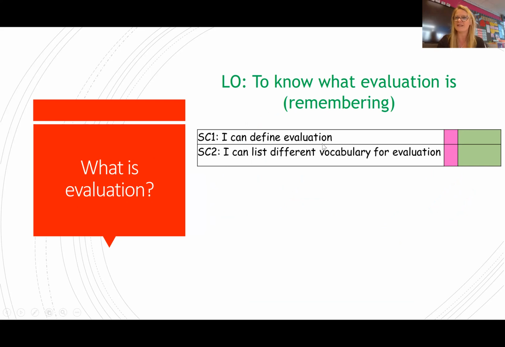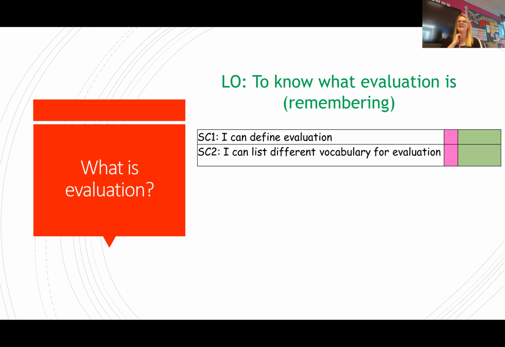Can you all now say what evaluation is? Give me a thumbs up if you can. Tell your partner, what do you think evaluation means? Off you go. Hopefully you said it was to say if you've done what you've done well and how well you did at something.